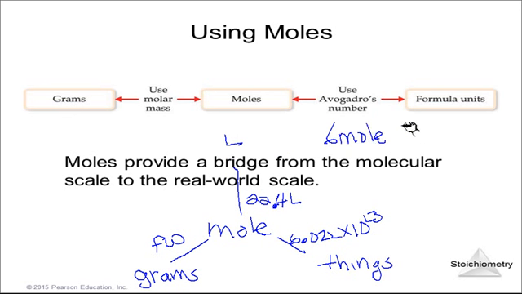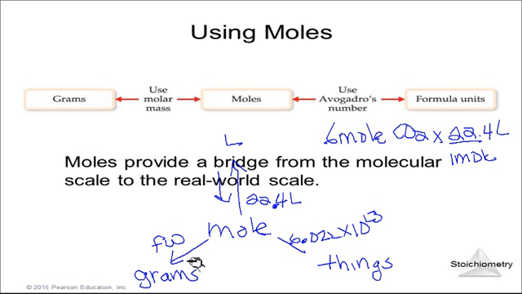So if I'm going from moles to liters, for example, if I have 6 moles of CO2 and I want to know how many liters that is, I'm going to multiply it by the definition that 1 mole is 22.4 liters. If I'm going from liters to moles, I'm going to divide by it.